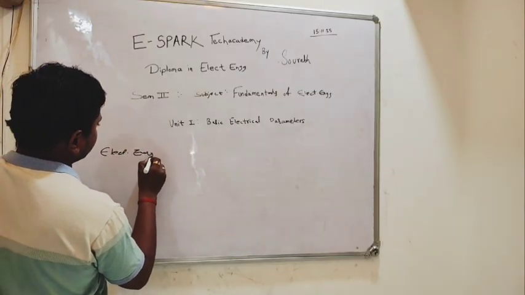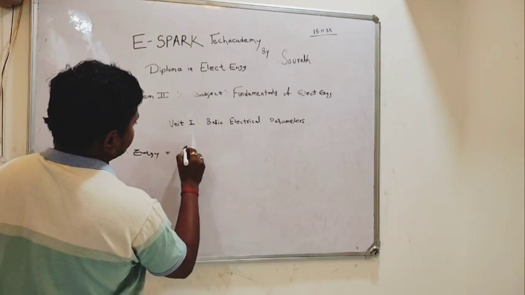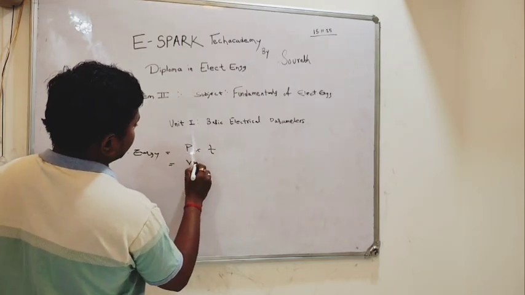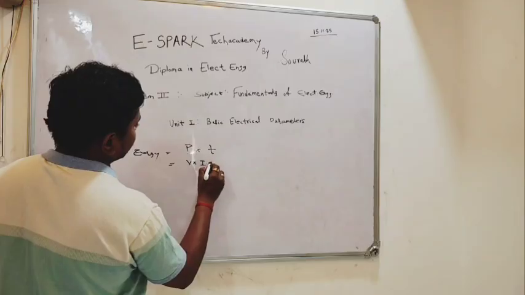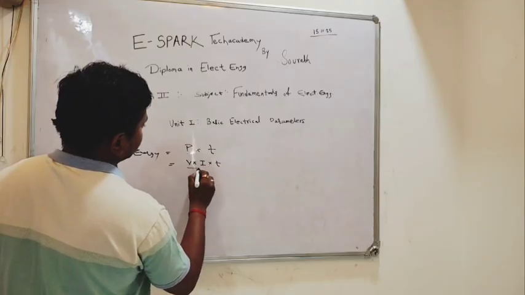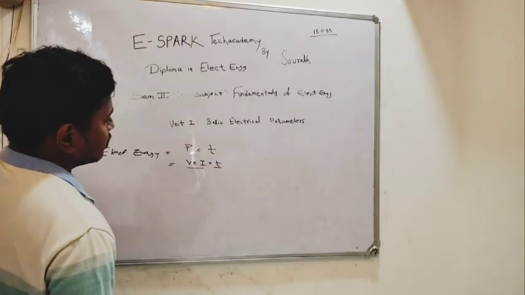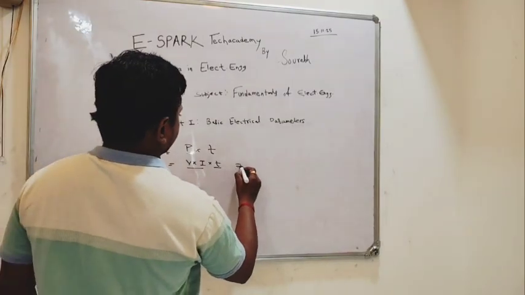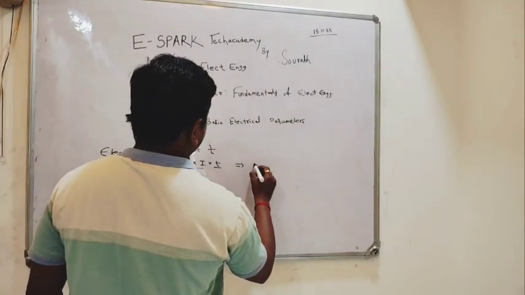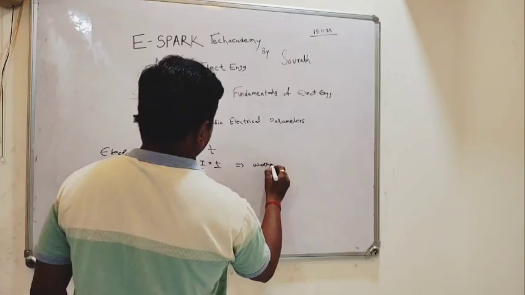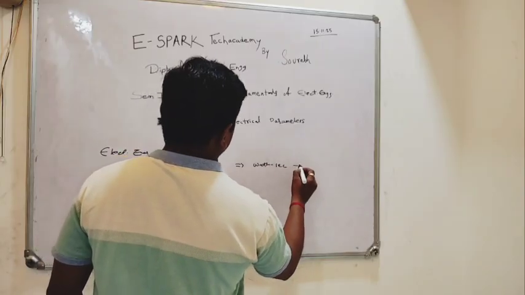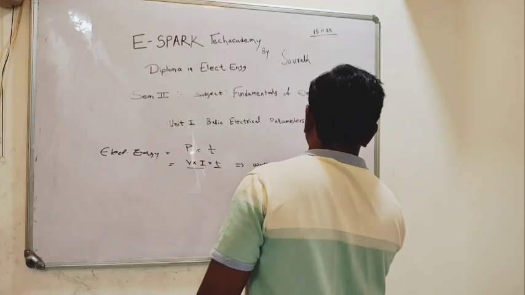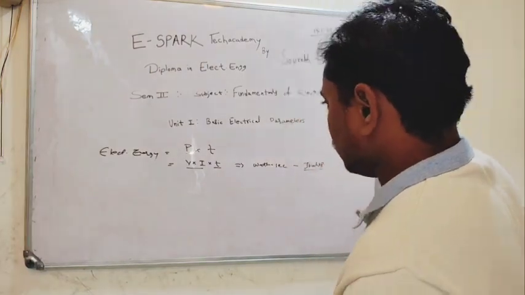Electrical energy will be power into time. You know power is V I, so energy is V I into T, in watt second, which is the joule.